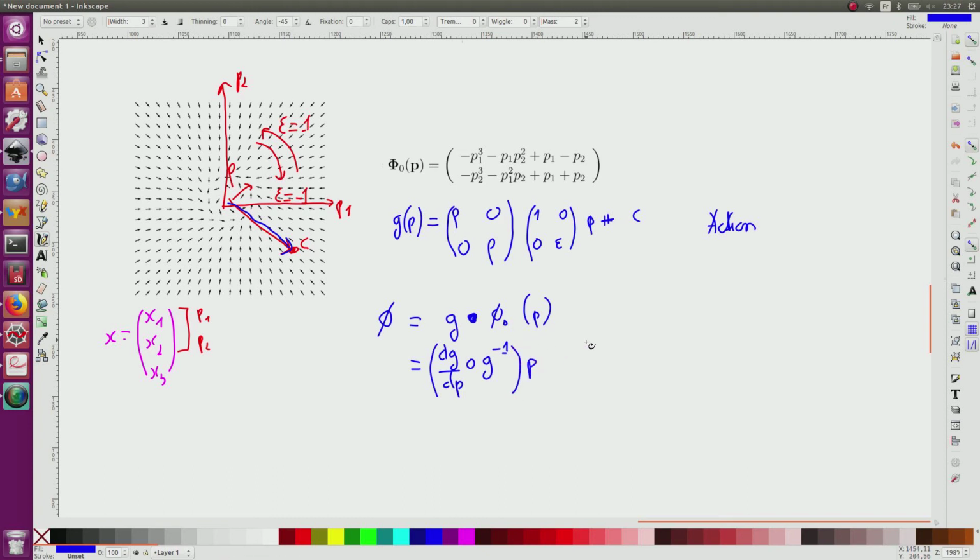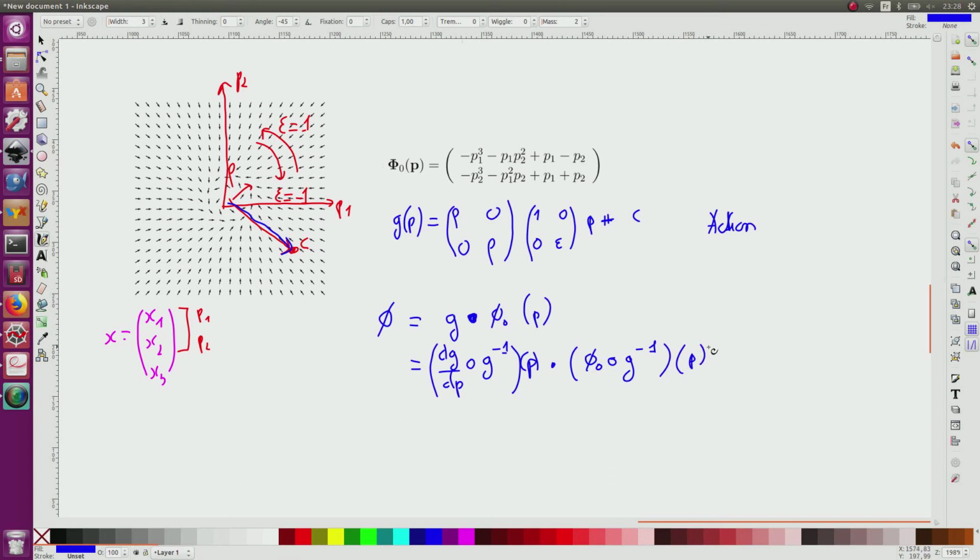Of P, multiplied, so here it's a multiplication, by phi0 composed by J minus 1 of P.